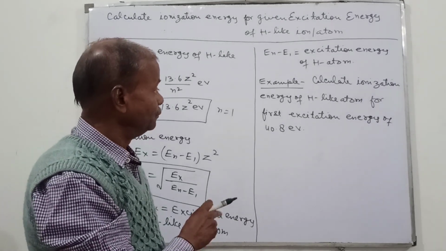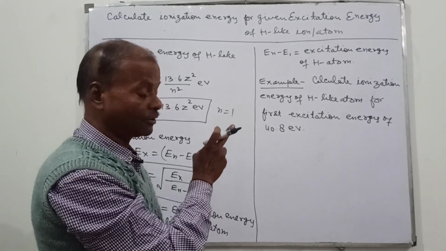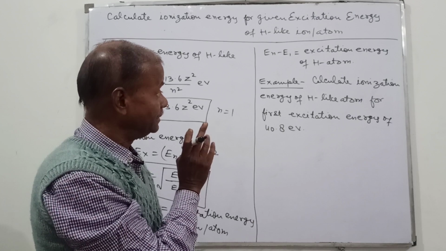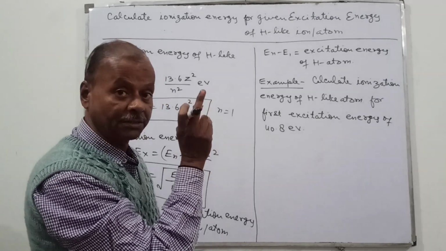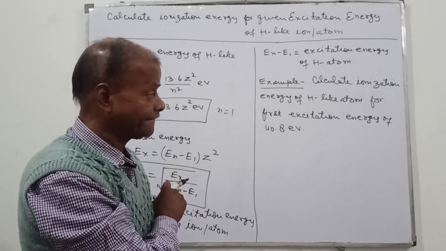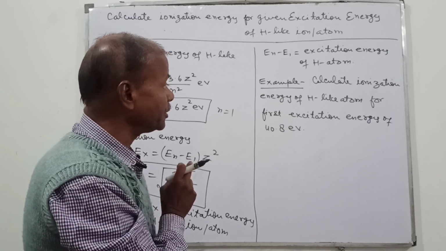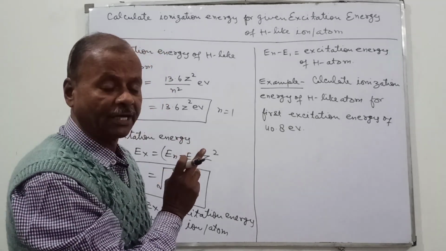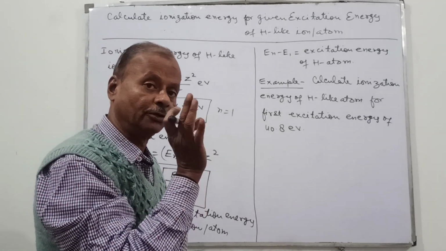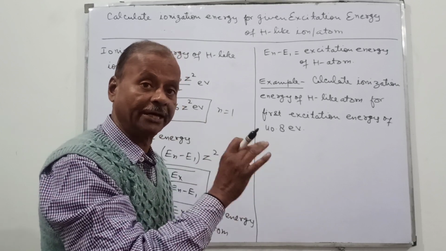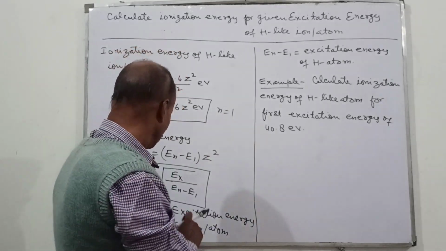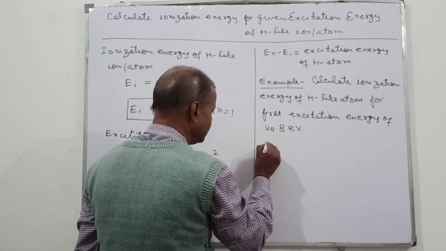Right? We are given the excitation energy of the hydrogen-like atom. Then you have to find the ionization energy of the same atom. So when we are given the excitation energy of the hydrogen-like atom, for the same atom you have to find the ionization energy.